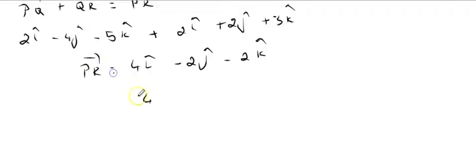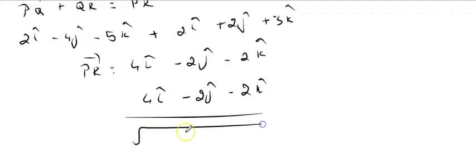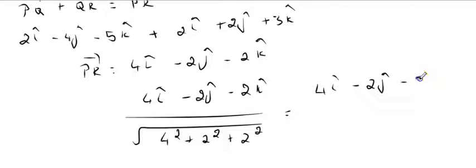So the unit vector parallel to this is 4i vector minus 2j vector minus 2k vector divided by root over 4 squared plus 2 squared plus 2 squared, which is nothing but 4i vector minus 2j vector minus 2k vector divided by root of 16 plus 4 plus 4, which is root 24, or I can write it as 2 root 6.